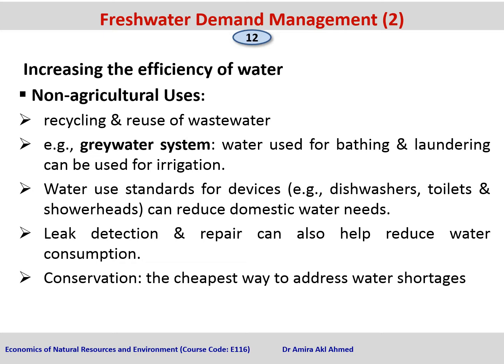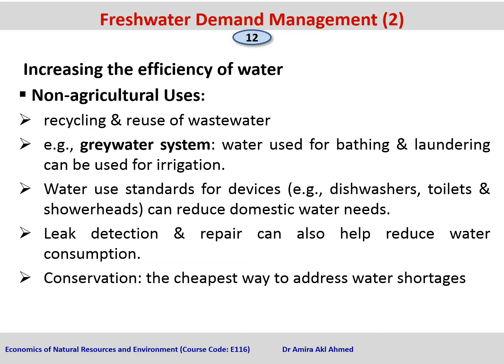For non-agricultural uses, recycling and reuse of wastewater can reduce water demand. For example, through a grey water system, water used for some purposes such as laundry and bathing can be used to irrigate landscaping.